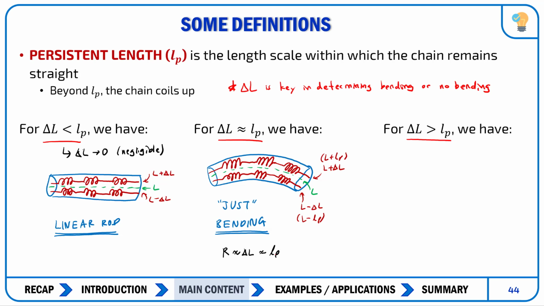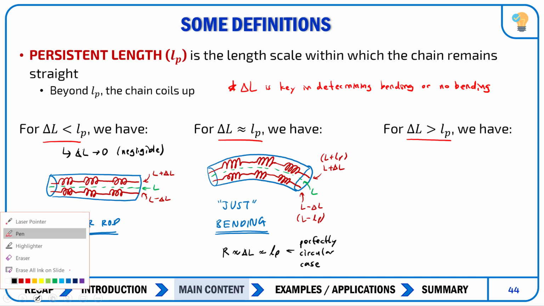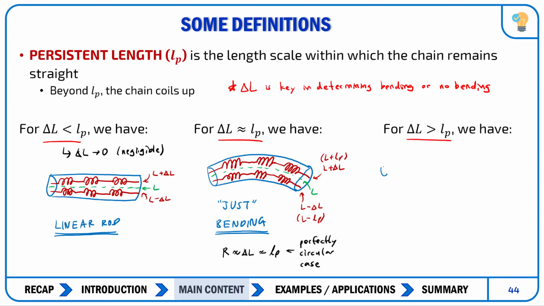Next, we have delta L being greater than LP. So when I'm talking about just bending, and this is the perfectly circular case, where the bend is perfectly circular. When delta L is much greater than LP, we have a problem in that it's going to be very curvy. In that case, we have no idea what's happening. Could be something along the lines of this.